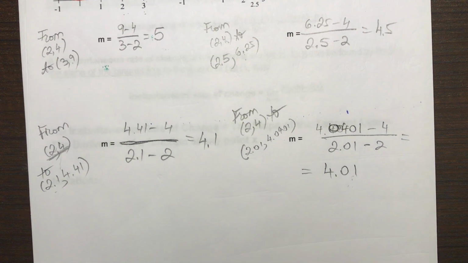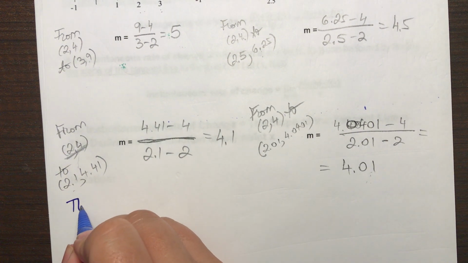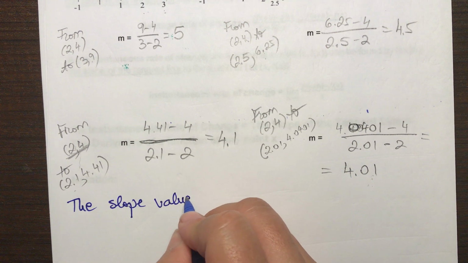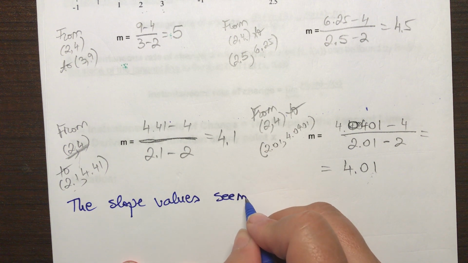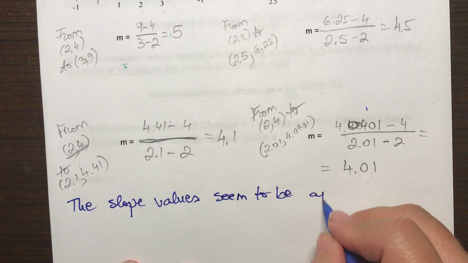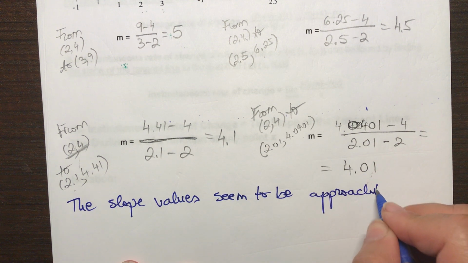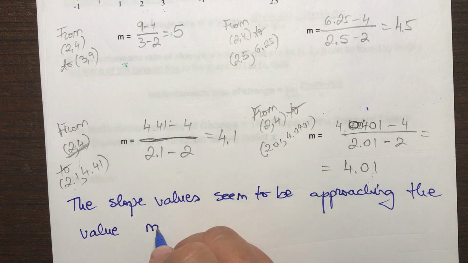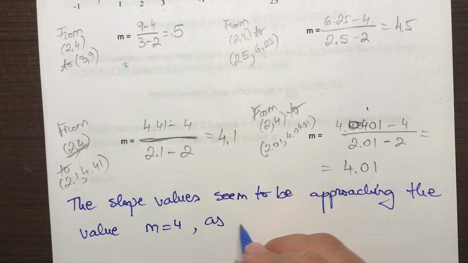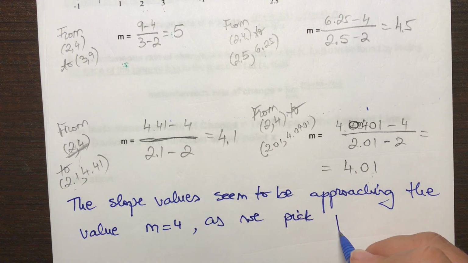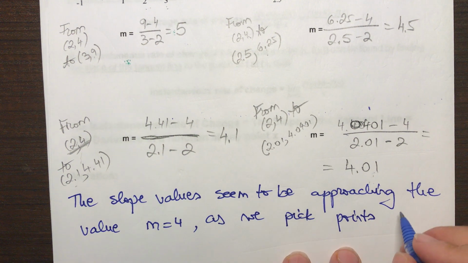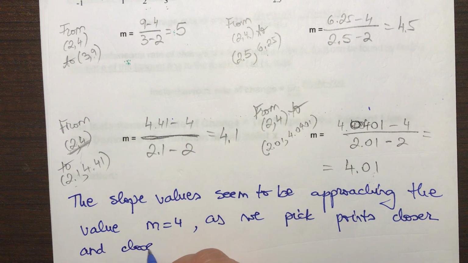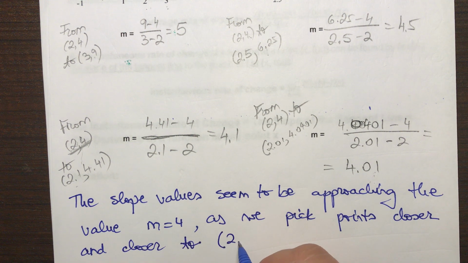So I'm going to write this down. The slope values seem to be approaching the value 4 as we pick points closer and closer to this (2, 4).